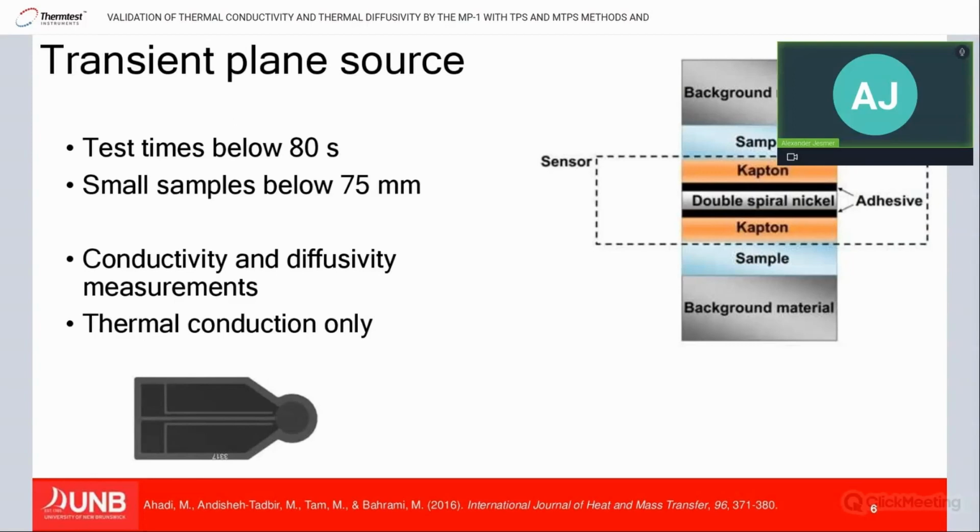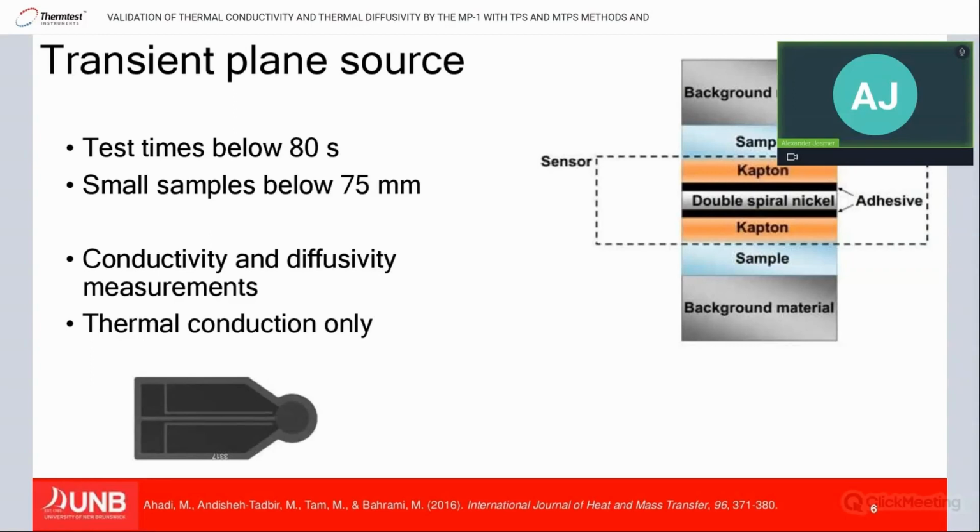The transient plane source is an absolute method that measures both conductivity and diffusivity at the exact same time. And something to keep in mind, as I mentioned earlier with the porous structures, is that thermal conduction is the only method of heat transport that happens for a transient plane source test. So there can't be any convection or radiation.